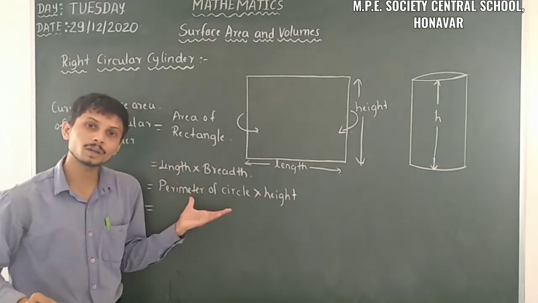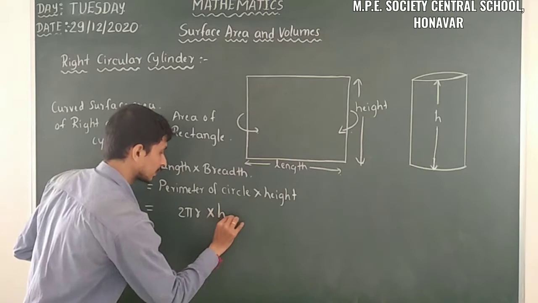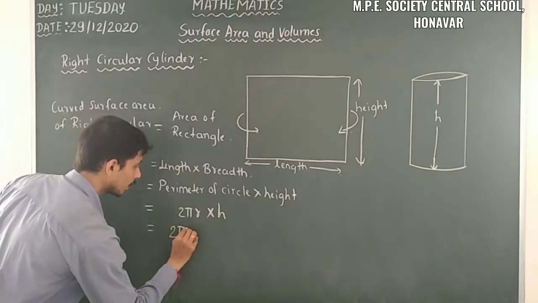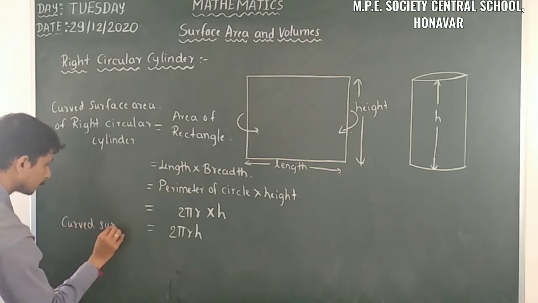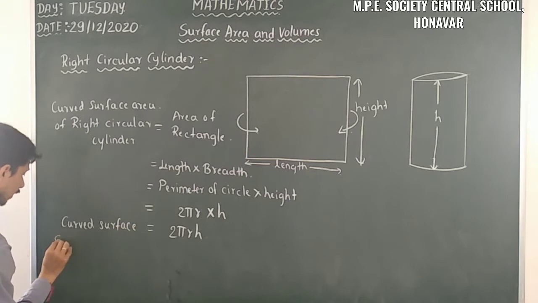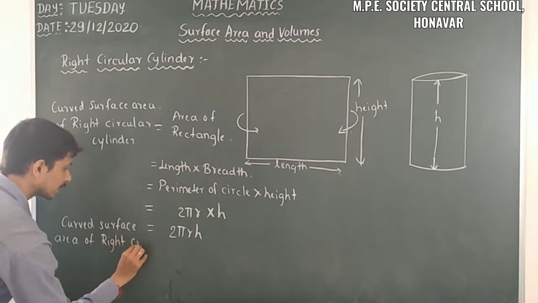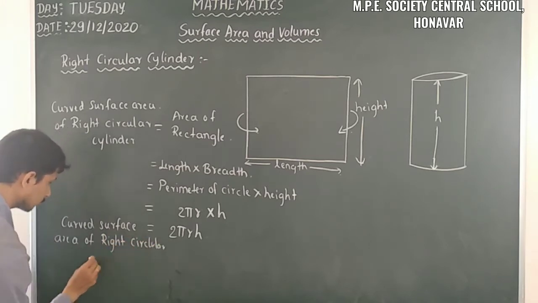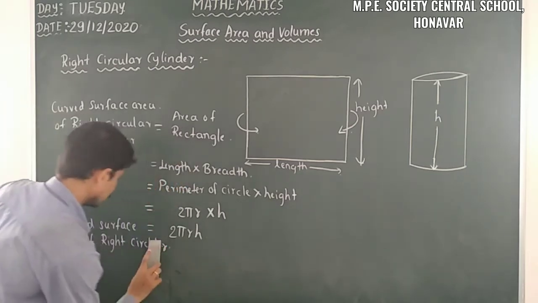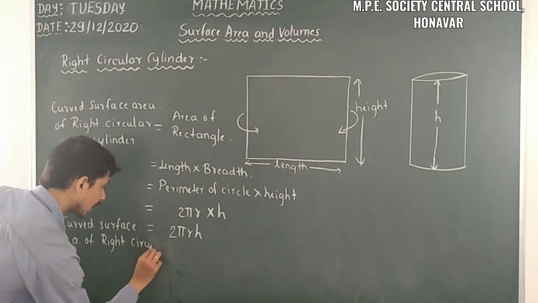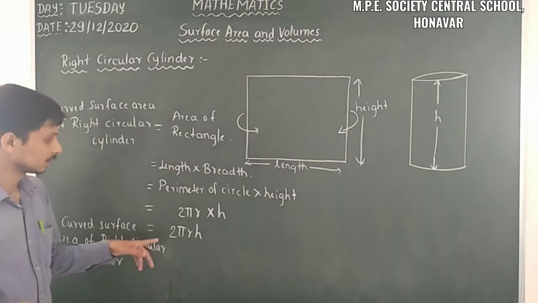The formula for the perimeter of the circle is 2 pi R. So into H, it is equal to 2 pi RH, the curved surface area of a right circular cylinder.